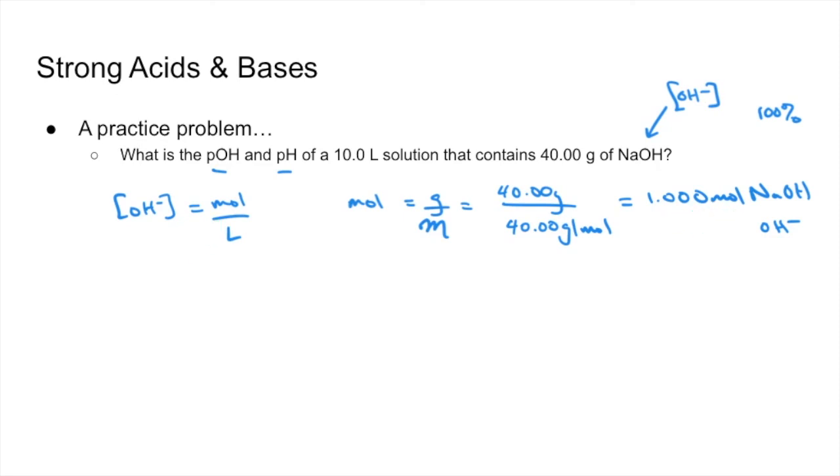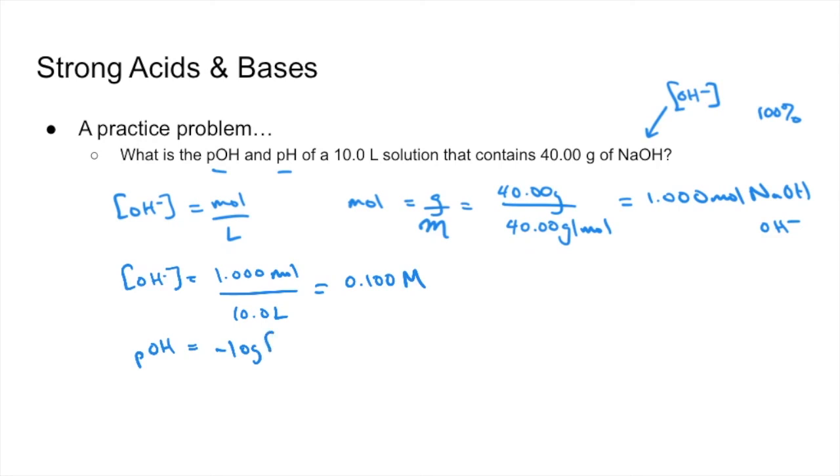Let's put that back over here. Okay, the hydroxide ion concentration is 1.000 moles divided by 10.0 liters. To 3 significant figures, that is 0.100 molar. All right, let's plug that into the pOH equation because we cannot plug that into the pH equation, because there is no hydroxide ion concentration in the pH equation, right?